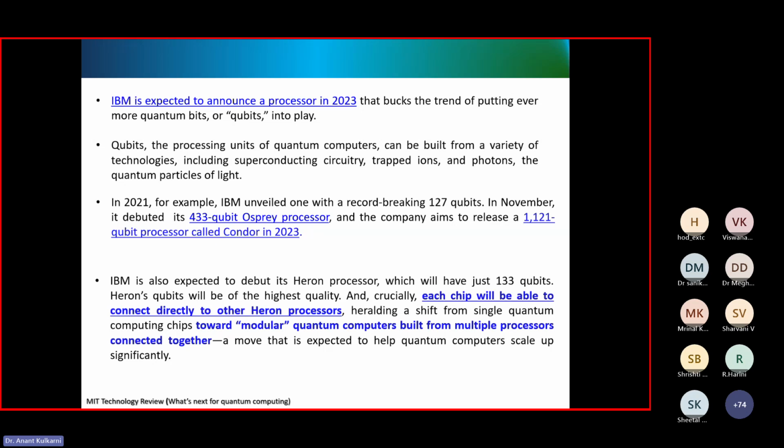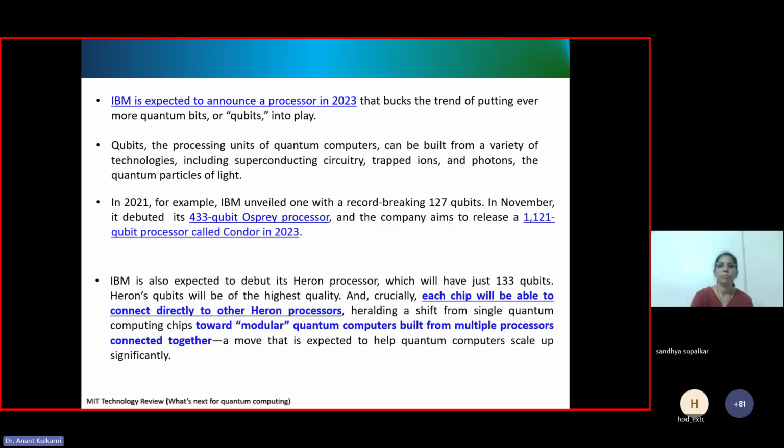Qubits, the processing units of quantum computers, can be built from a variety of technologies, including superconducting circuitry, trapped ions, and photons, the quantum particle of light. In 2021, IBM unveiled one with a record-breaking 127 qubits. In November, it debuted its 433 qubit Osprey processor, and the company aims to release a 1121 qubit processor called Condor in 2023.